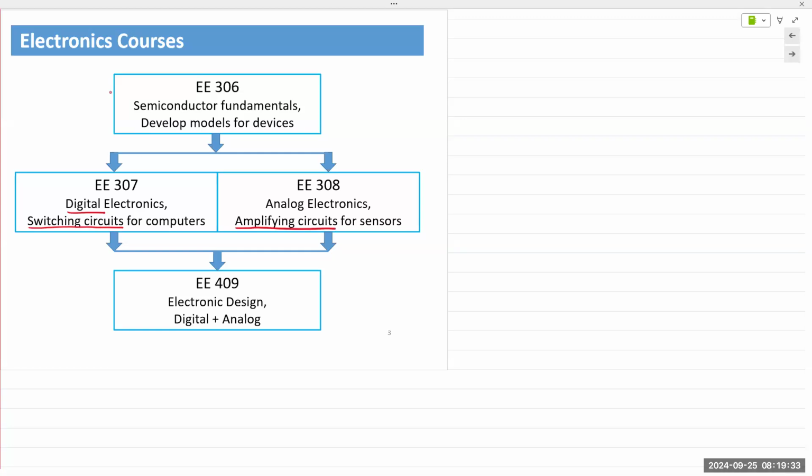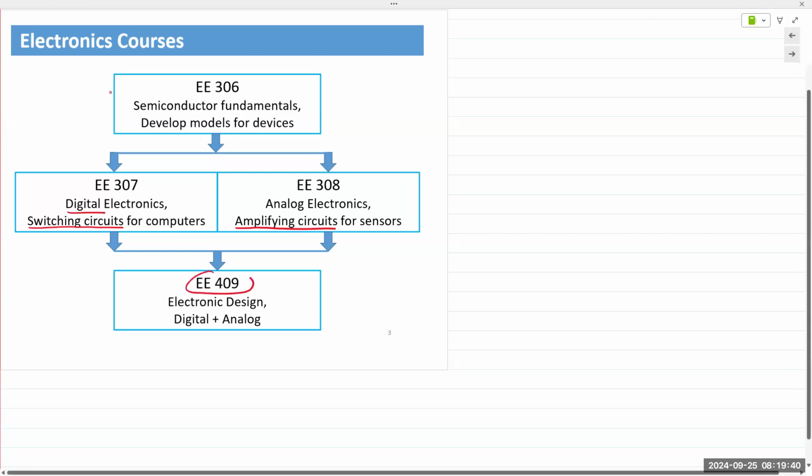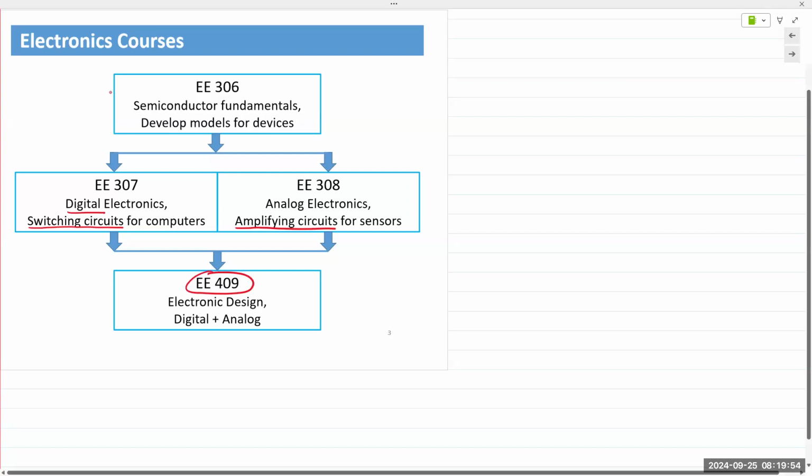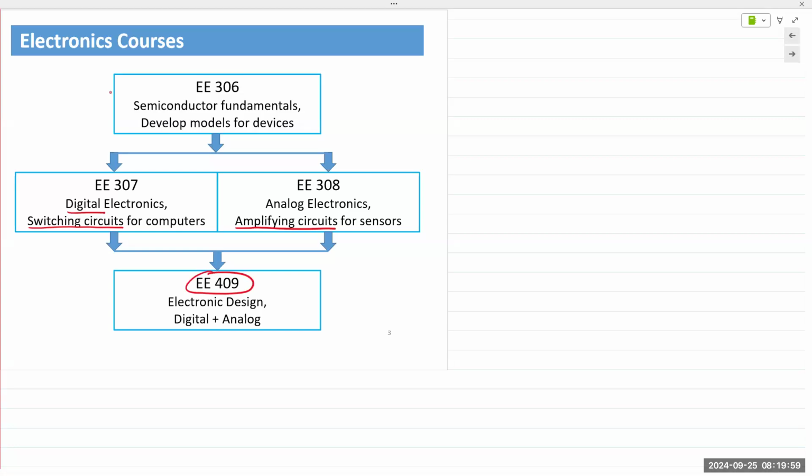So 306 flows directly into 307 and 308, and then at the top level you put it all together in EE409, electronic design, which is mixed signal electronics, meaning analog as well as digital. One of the most common examples I like to use, which I learned from Sid Vyas, another colleague of ours here, is a smartwatch. A smartwatch has sensors, it has computing power. Smartphones too.